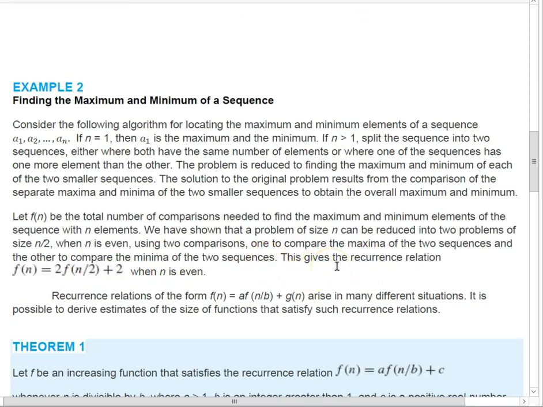This gives us the recurrence relation f of n equals 2 times f of n divided by 2 plus 2 when n is even.